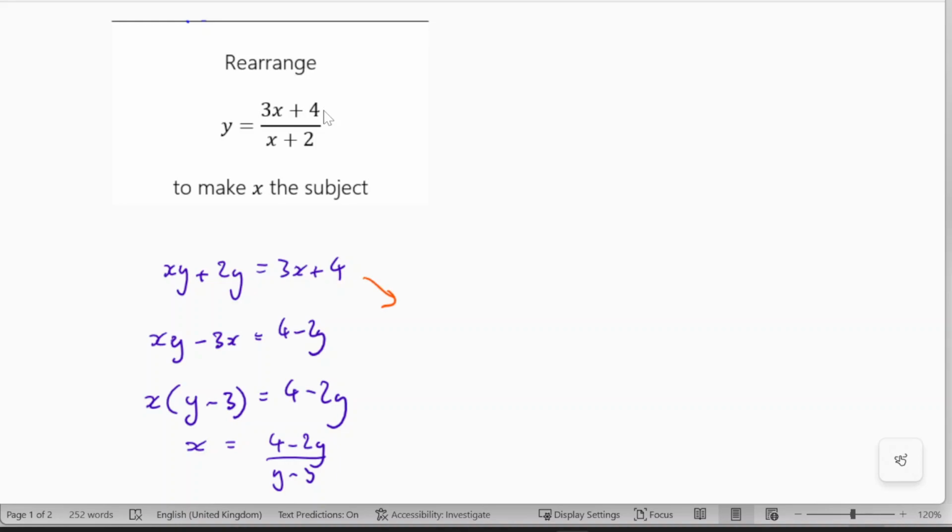So I could have said that 2y minus 4 is equal to 3x minus xy. Then a similar process of factorising. So 2y minus 4 is going to be equal to x times 3 minus y, and then divide both sides by 3 minus y. That gives me x is equal to 2y minus 4 divided by 3 minus y. So either of those answers is perfectly acceptable.